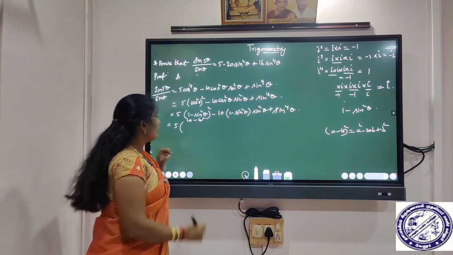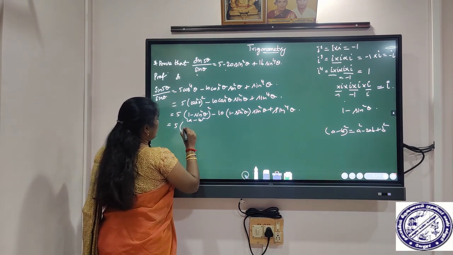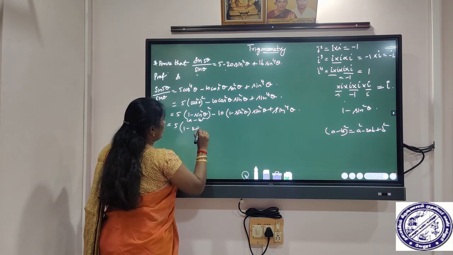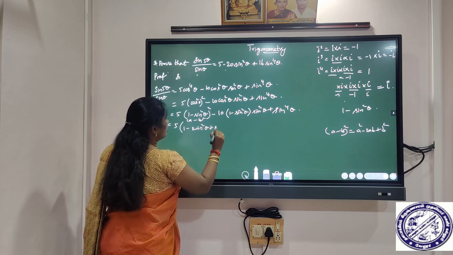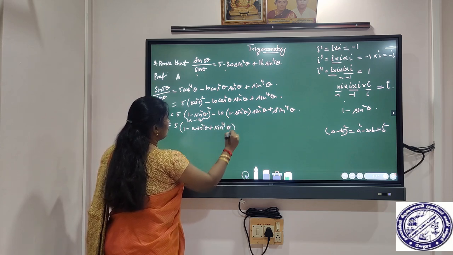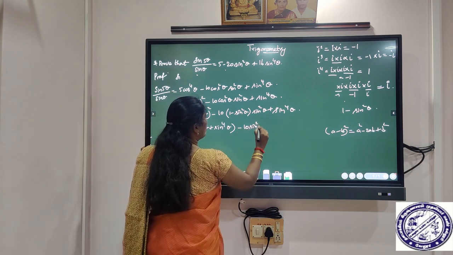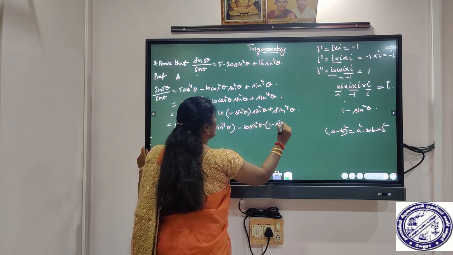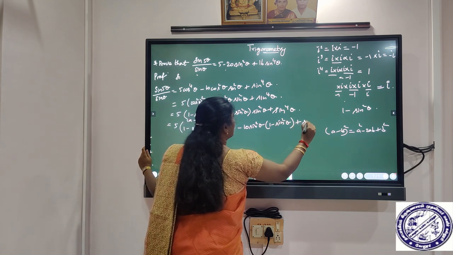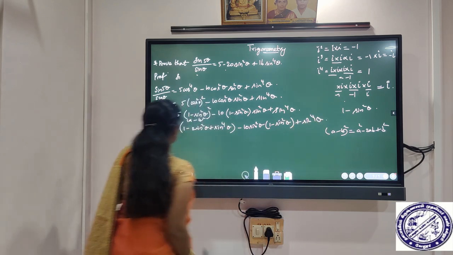So substitute here, minus 10 sin square theta into 1 minus sin square theta, plus sin power 4 theta.